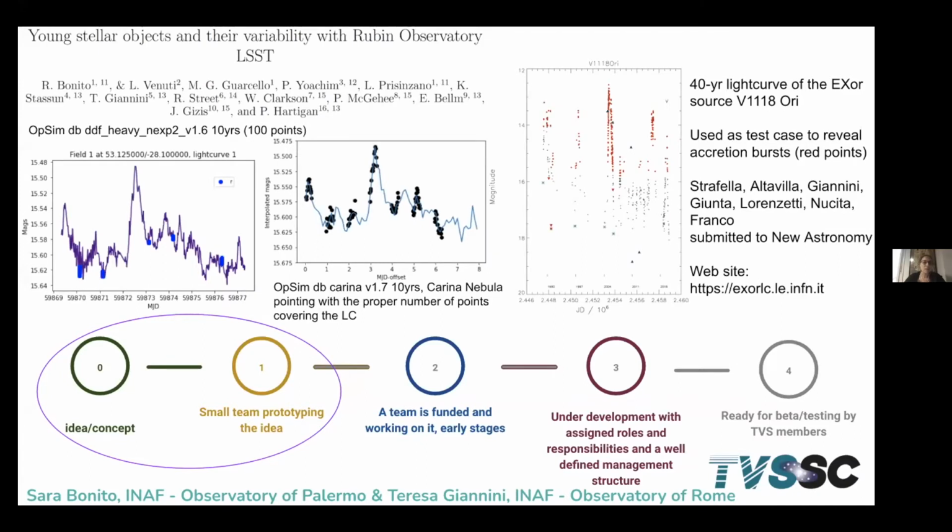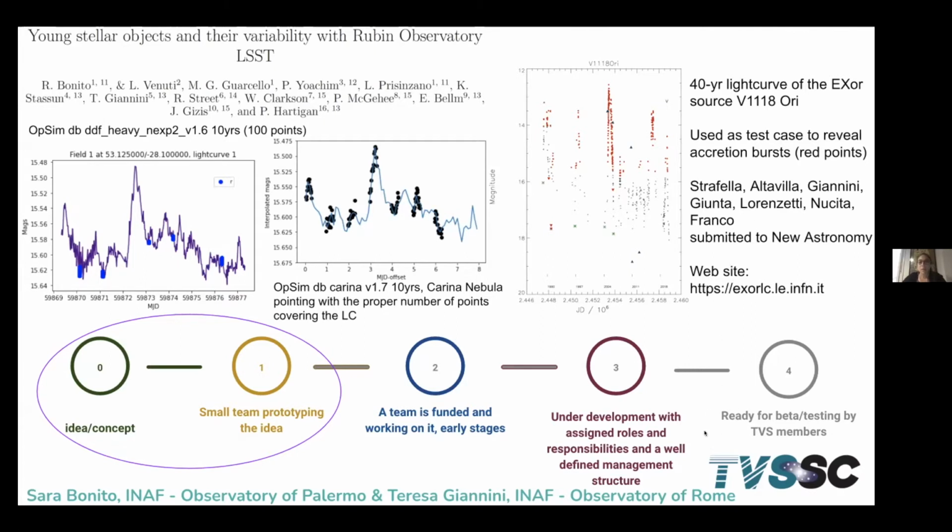You can see in these two plots on the left, our results to populate properly a light curve to retrieve variability for accretion in this case. And you can see this in the cadence note we have recently submitted to the project. And on the right, our work to develop this software. You can see other names of the team here and the website.